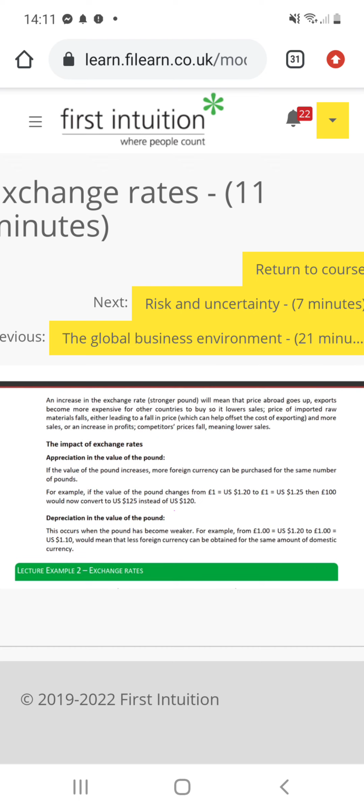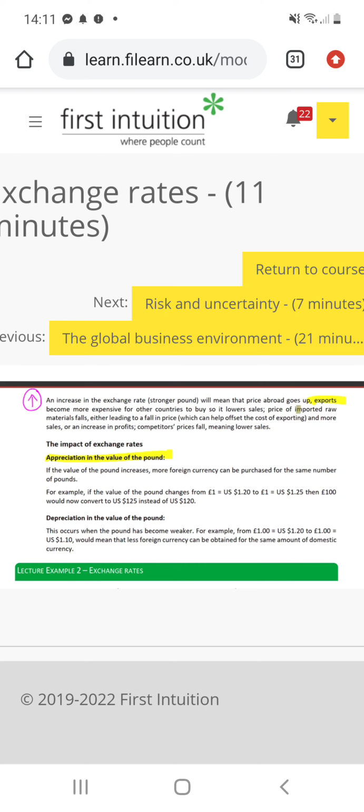An increase in the exchange rate, so an appreciation in the value of the pound, will mean that prices abroad go up. Exports become more expensive for other countries to buy, so it lowers sales. So that's focusing on exports.